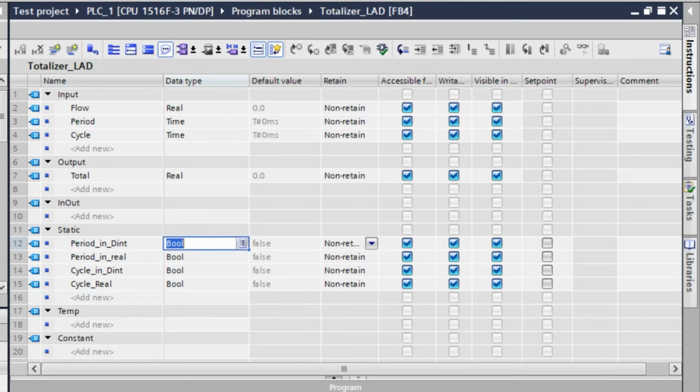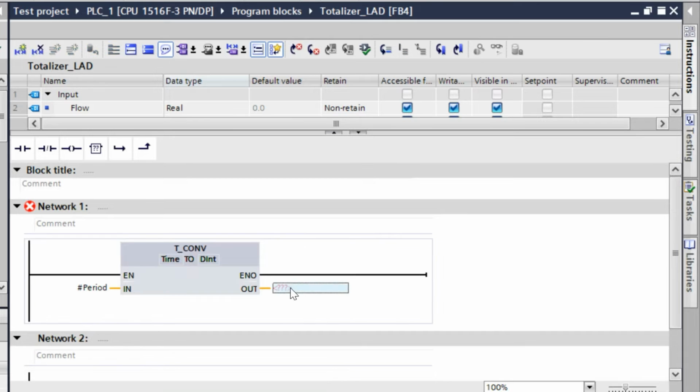Now, since the data type is DInt, real. Now give a tag as period as a DInt.